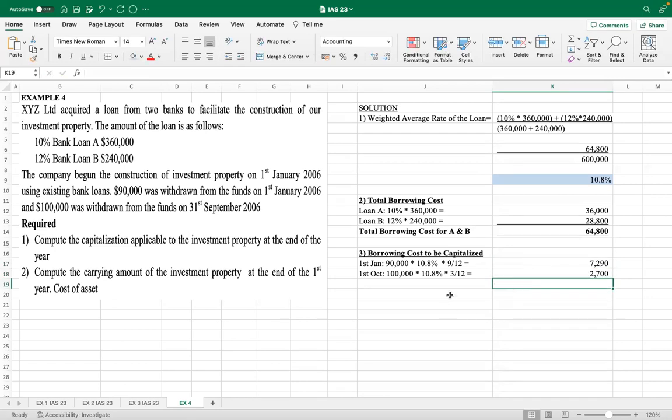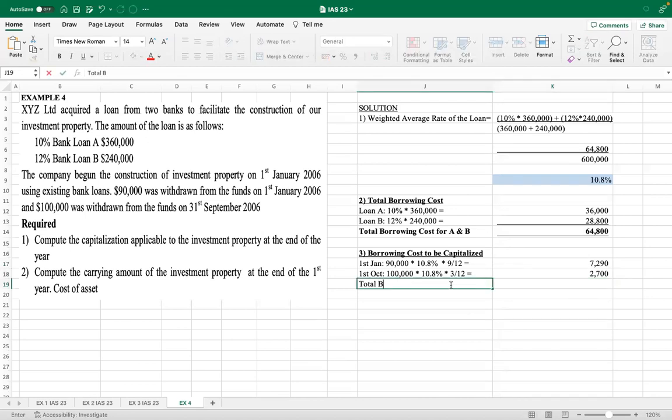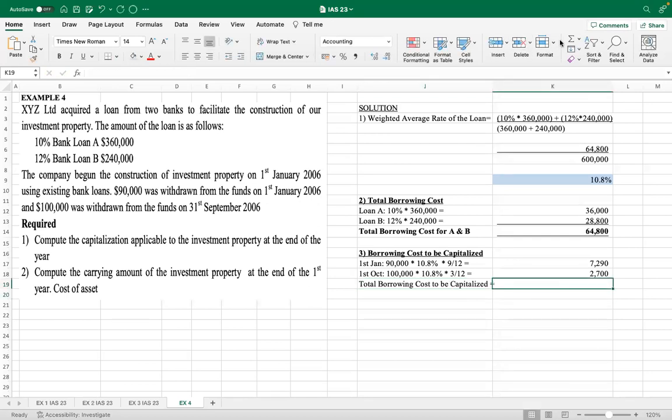It gives you that. So the total borrowing cost to be capitalized is equal to, we just add those two.